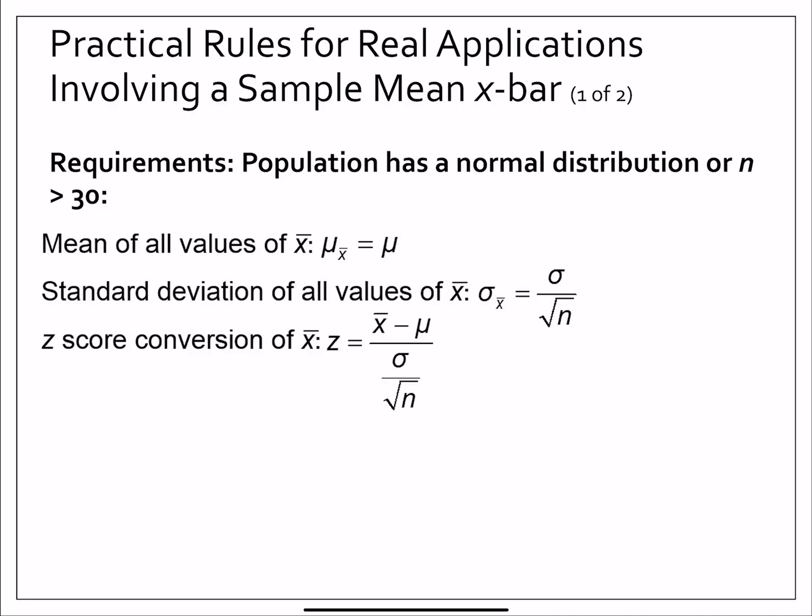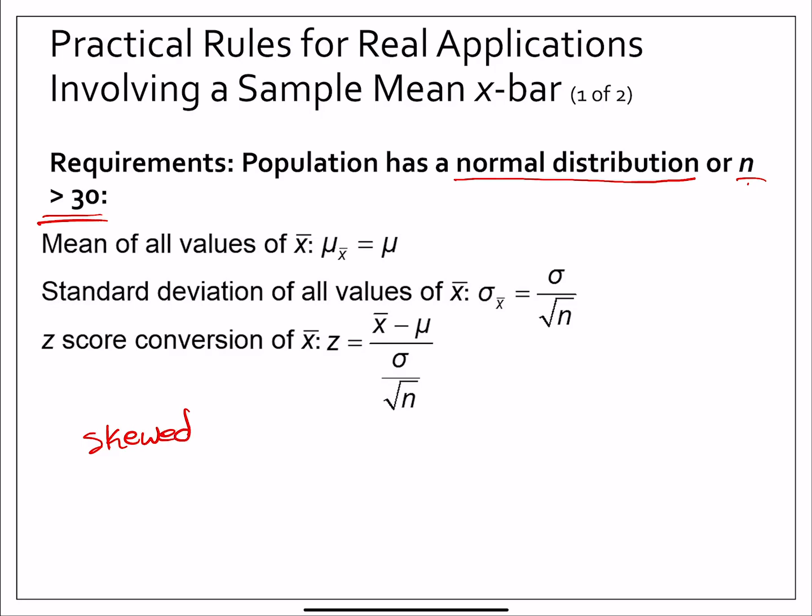Now, here are the requirements for the central limit theorem to hold. First, our population has to either have a normal distribution already, or our sample sizes have to be bigger than 30. Let's look at an example really quickly. What if our initial population was a skewed distribution?